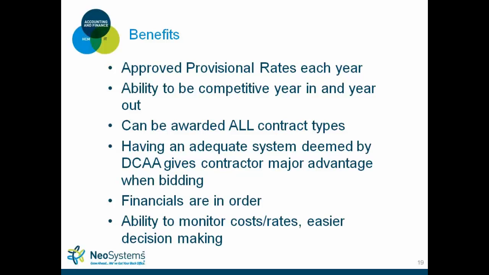Having an adequate system also gives you a major advantage when bidding, because some of the RFPs have a provision that you need to have a DCAA approved, quote-unquote, system, and you know that your financials are in order. Once your financials are in order, you're able to make better, sound financial decisions within the company, and it also gives you the ability to monitor your costs, rates, and that type of thing.